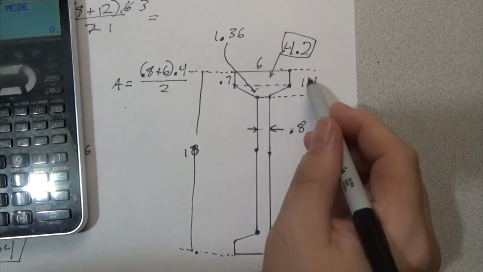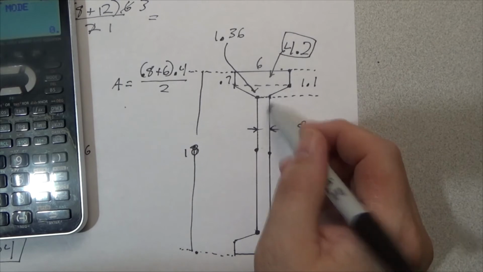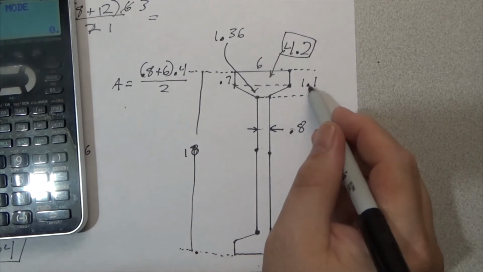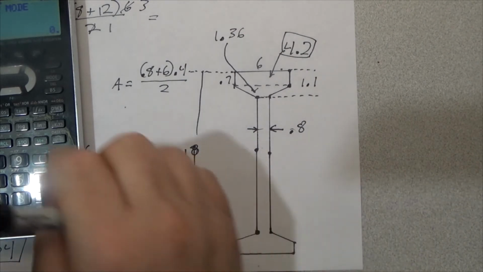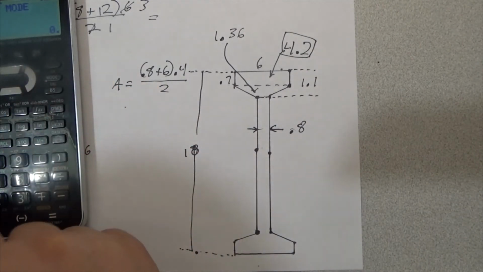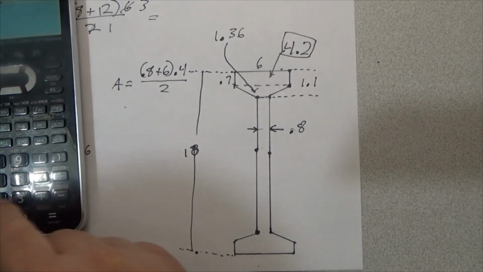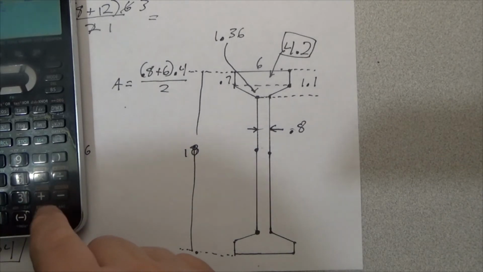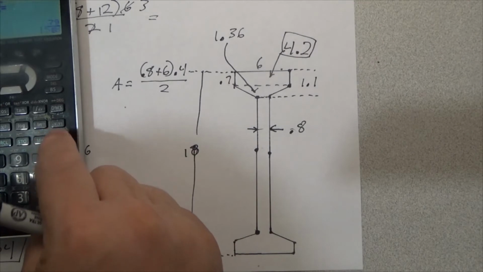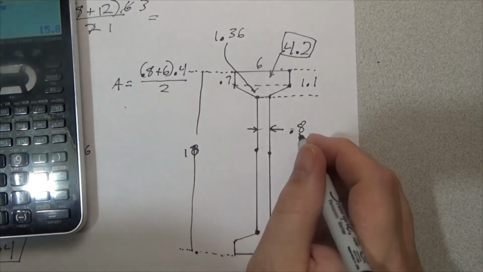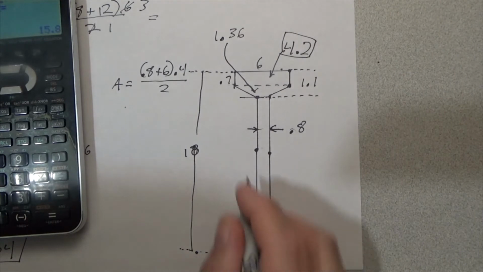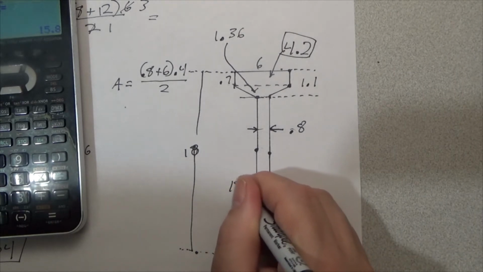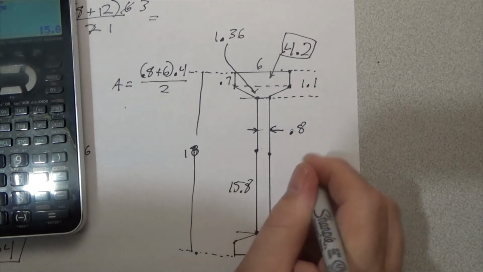So to find the distance from here to here, I take 1.1 and subtract it off, and then another 1.1 and subtract it off. So 18 minus 2.2 is equal to 15.8. So the distance from here to here is 15.8.